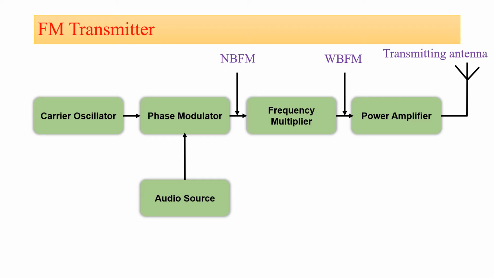The frequency modulation can be generated at any point including the radio frequency source, and accordingly we can use the direct or indirect method for the generation of FM. Now this block diagram shows the FM transmitter, that is the Armstrong FM transmitter.